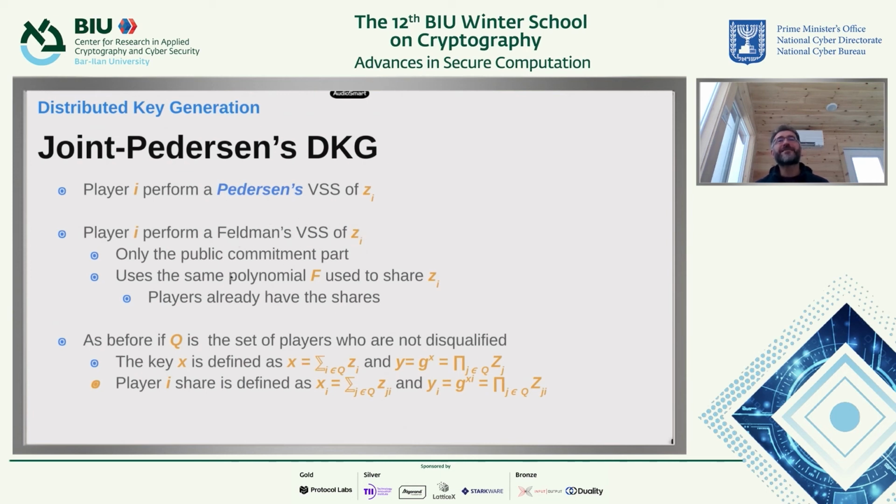But now it doesn't send any shares because the shares were already sent through Pedersen. It uses the same polynomial that was used in Pedersen. This guarantees that this Feldman VSS is of the same value that was shared in the Pedersen VSS. And then it continues with the set of players not being disqualified.